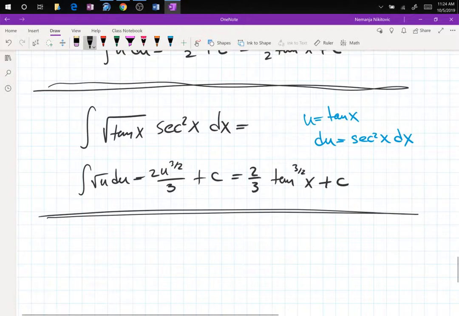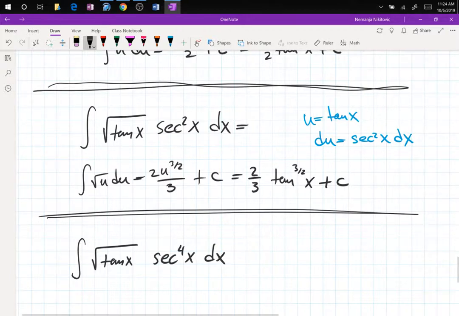Calc 2 is when you have the integral of square root of tangent x secant to the 4th x dx. So now you are wandering into the realm of Calc 2. Yeah, it's only an algebraic manipulation, right? But still, this would be the Calc 2 integral, where substitution is not obvious, and you have to do extra work to make it fit.